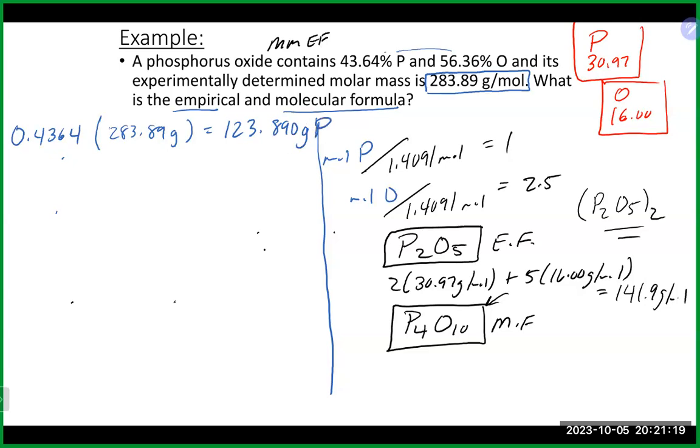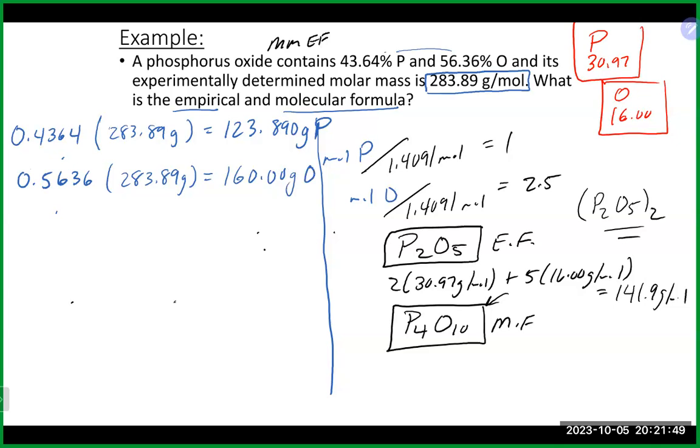I could do the exact same thing for my oxygen, convert that into a decimal, 0.5636 times the molar mass of the molecular formula or the actual compound. And that will tell me in terms of grams of oxygen, out of that 283.89, I got about 160 grams of oxygen. Any questions on that so far?